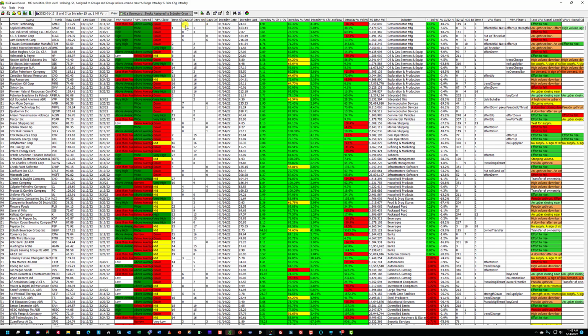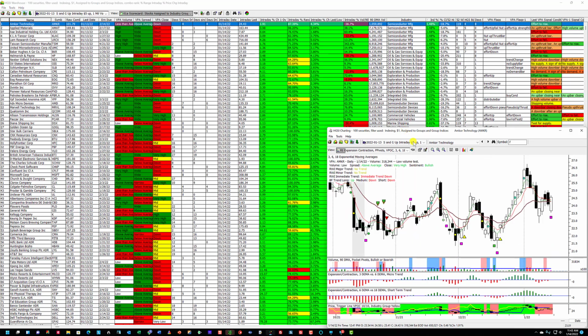So just by looking here, I don't even have to look at a chart right now. I can see that this stock is up today, but the AMKR, it crossed 5 days ago to the downside on the 3 and the 6, and the same thing on the VPOC, but it's up today. So let's take a look at it.